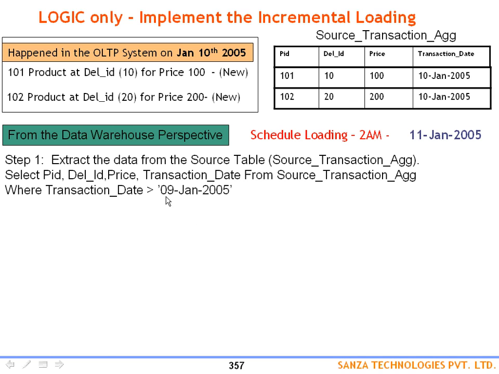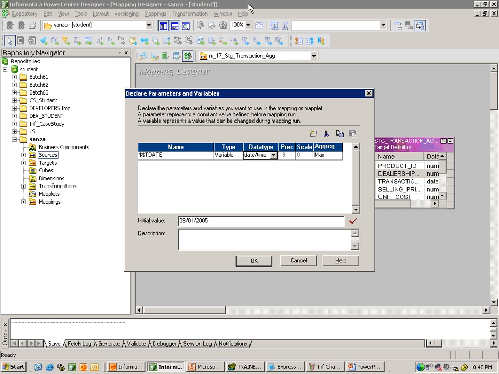First time when I am loading, I am initializing 9th January 2005 because the first transactions in that table are from 10th January 2005. So I initialize my mapping variable to 9th January 2005.